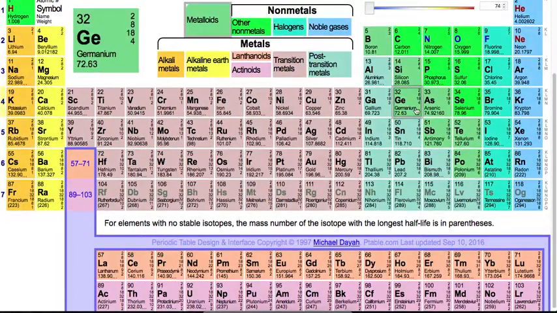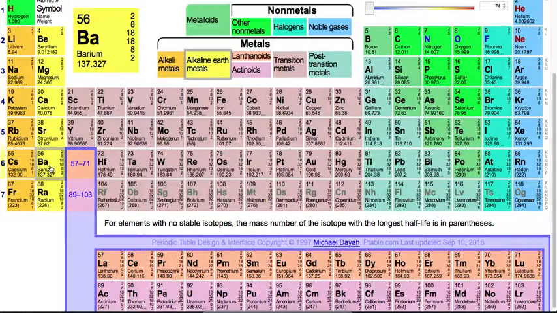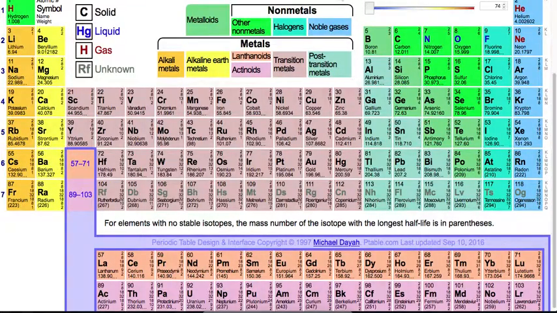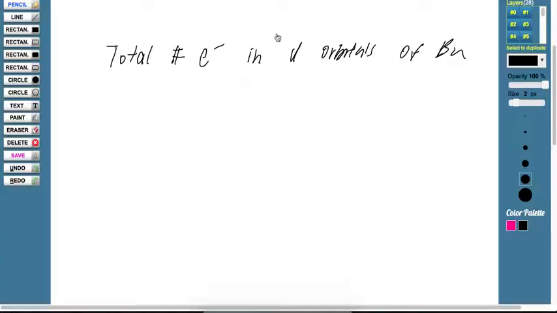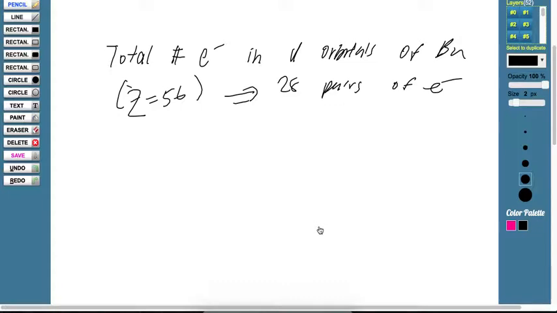Looking for barium, where is barium? Barium is going to be over here. Its atomic number is 56, Z equals 56. So we know there's going to be 28 pairs of electrons. Let's draw the diagram since it's quite helpful. 4s, 5s, 6s.